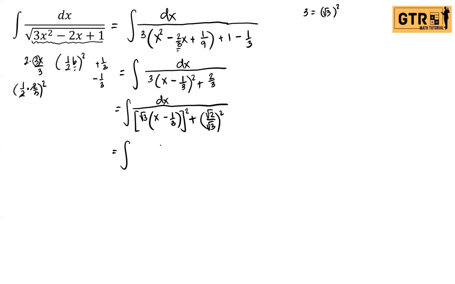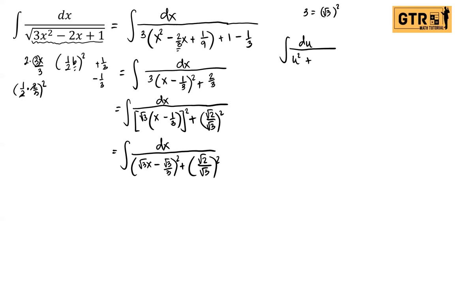We have the integral of dx over the square root of: square root of 3 times x, so square root of 3 x minus square root of 3 times 1/3, that is square root of 3 over 3, squared, plus square root of 2 over square root of 3, squared. So now it is in the form of the integral of du over the square root of, this is our u squared plus this is the a squared. Oh, we forgot the square root.